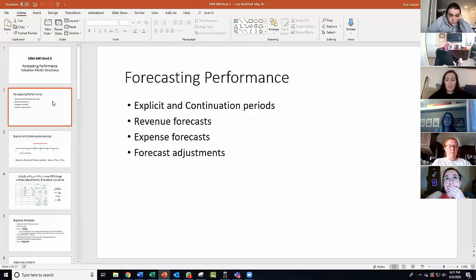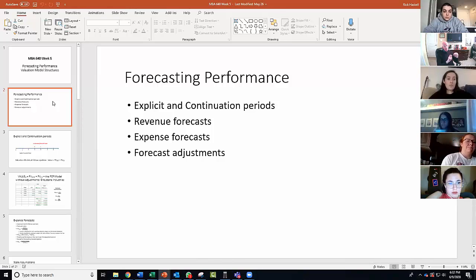Okay, so what I want to do is spend just a few minutes reviewing some elements from the explicit and continuation period, then revenue forecast, expense forecast. So recover some of the ground that we worked last week, because this may bring up some questions for you, or it may just solidify what you've done now within the Excel assignment and such for this week.